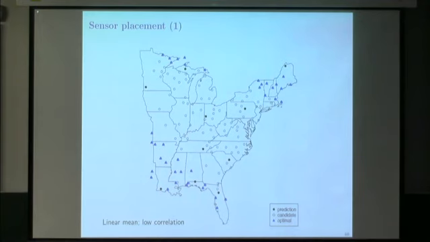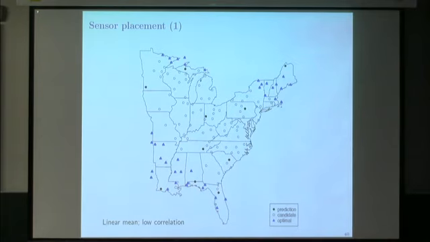Then we apply our methodology to a real example with data from the sensor placement problem, where we have again a linear mean function with low correlation, medium correlation, and high correlation. The distance here was the geodesic distance, and we basically saw the same pattern as before.